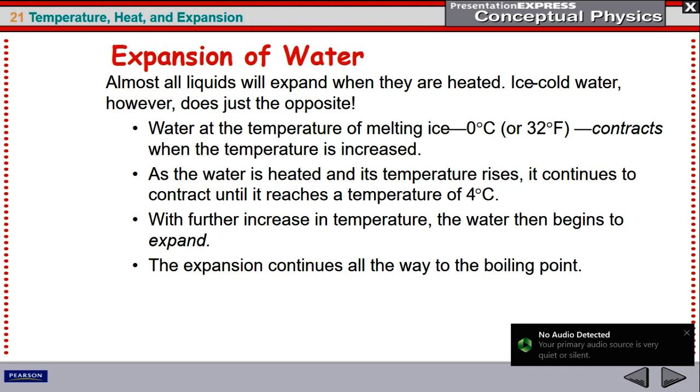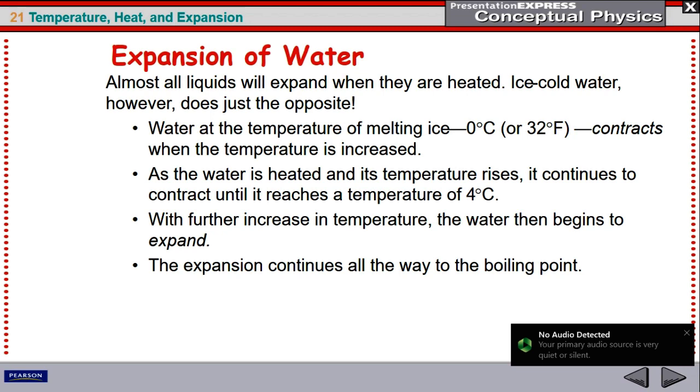Water at 0 degrees Celsius, the freezing point, also called the melting ice point, contracts when the temperature increases. That's opposite to what you expect. Usually, any material, when it's heated, when the temperature increases, it expands.